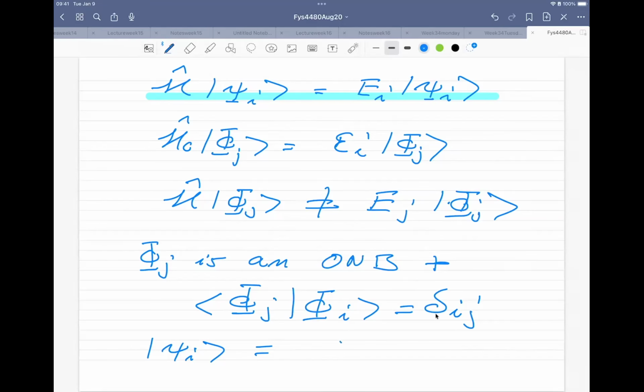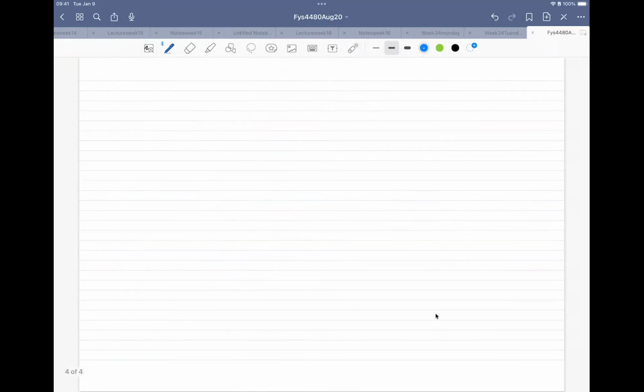This means that I can now expand this in terms of these other functions, and we have these overlap coefficients. And these are the coefficients of a unitary transformation. So these C_ij's are the matrix elements of a unitary matrix, because this is going to represent a unitary transformation. So you've probably seen this before, and technically these C_ij's are given by the overlaps between psi of i and one of these states phi j, which we have selected.